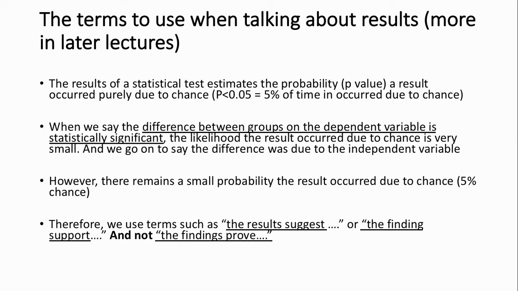Anytime I read that in a journal article on an experimental design, it makes my hair stand up, because there's always the risk that something else may have contributed, and you have that 5% chance that we made an error. And so that's why we use those types of terms. So just remember those terms when you start doing your synthesis papers and drawing your conclusions, that it's not perfect. Remember those keywords: the results suggest, the findings support. It's virtually difficult or impossible to really prove.